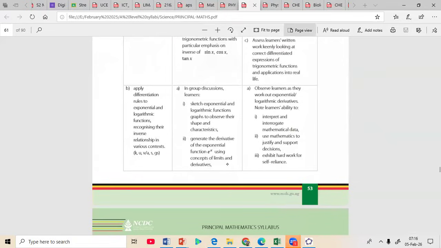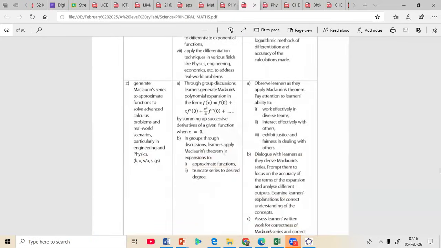Like last time, we looked at sketching exponential and logarithmic graphs. Ask yourself: do I know how to sketch such graphs? Did we look at them in class? Did we look at limits, the concept of limits and the derivatives? Keep checking so that you know that whatever you are doing is on the syllabus.